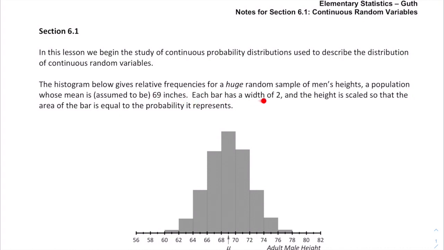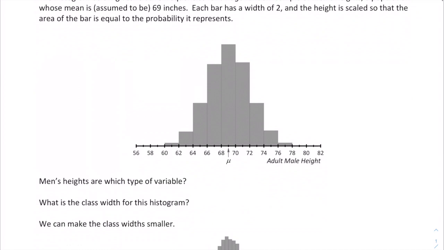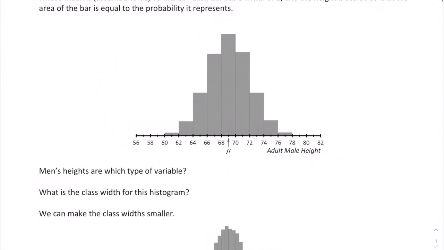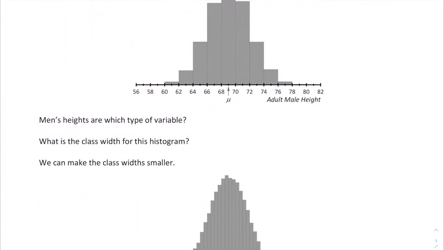Each bar has a width of 2 in the histogram, and the height is scaled so that the area of the bar is equal to the probability it represents. So you get one of these distributions that's sort of bell-shaped, but it's a histogram, and the widths of the bars are sort of arbitrary. The bar widths could have been any value, and let's just go ahead and start answering some of these questions.